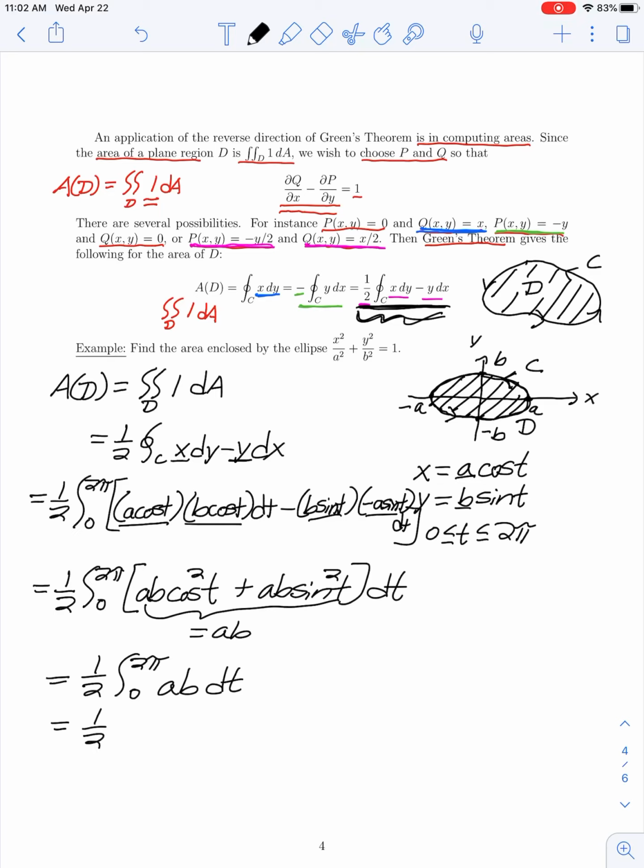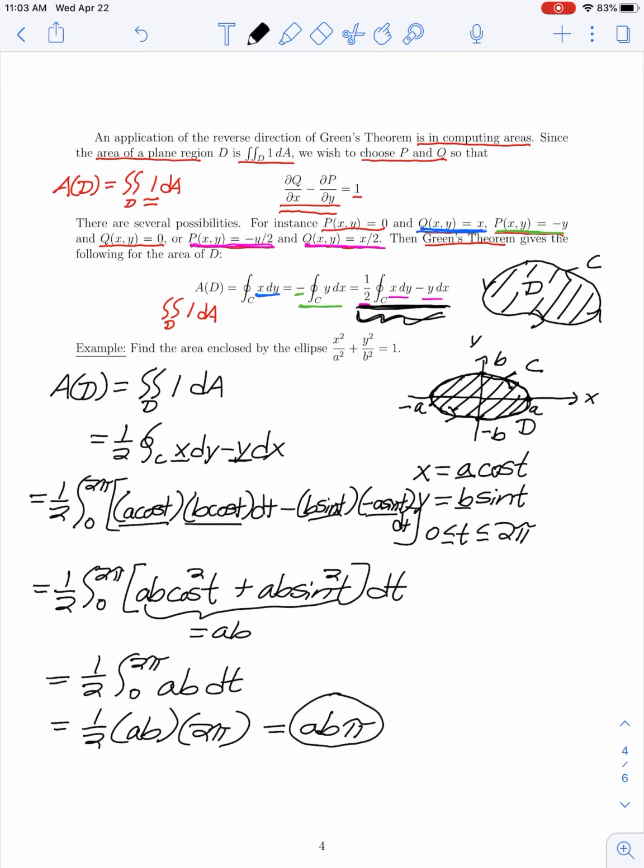So that is 1/2 of the constant a times b integrated over an interval of length 2 pi. So the length of our interval we multiply by 2 pi, and we're left with a times b times pi.